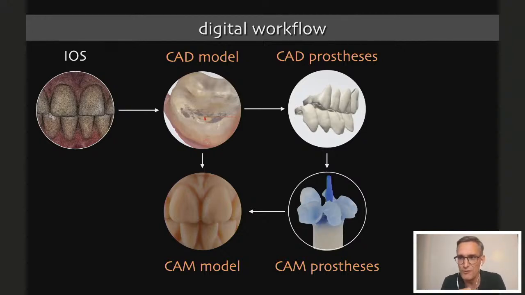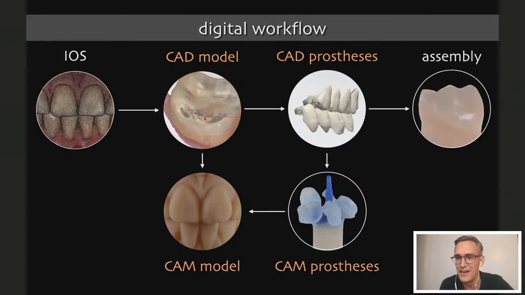But in a digital workflow, it doesn't necessarily mean that this is really the reference, because the reference is the clinical situation. If we print a model with completely wrong parameters, it's not a good reference to check the crown before he then delivers the implant crown or any prosthesis.